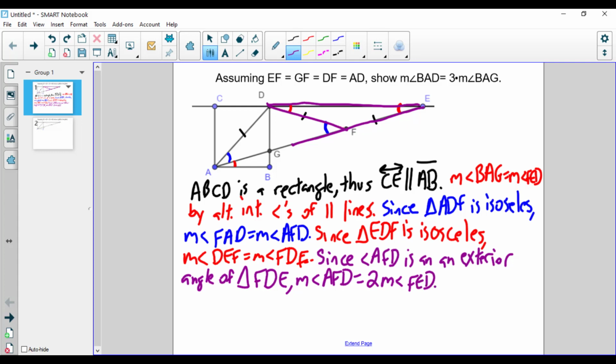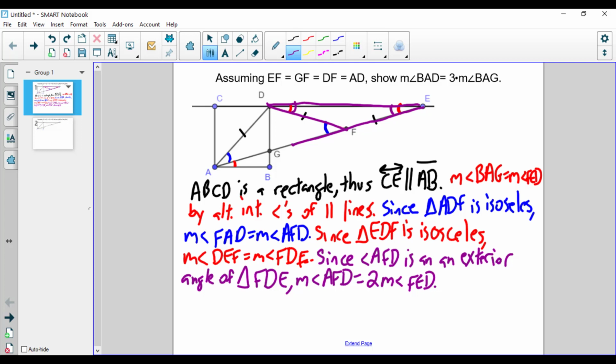Now, I made a jump there, but the jump is okay because I know that it's FDE plus FED, those two angles here, but they're the same, so I can just say that's 2 of FED.